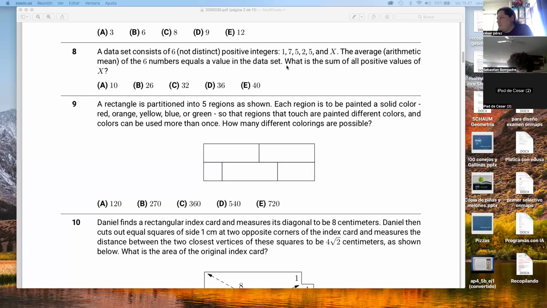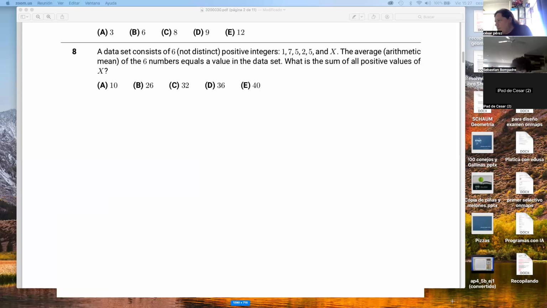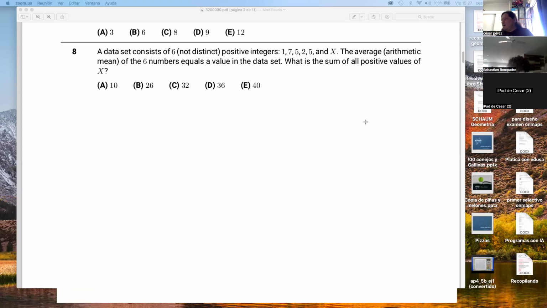For example, we need the average, the arithmetic mean.